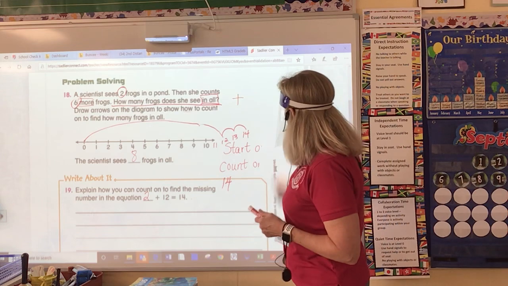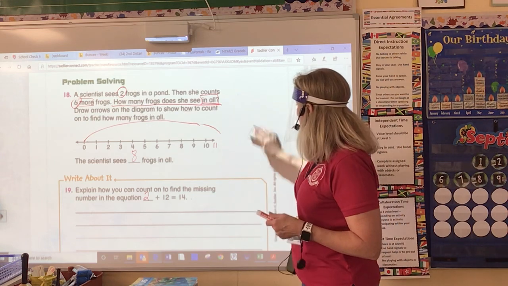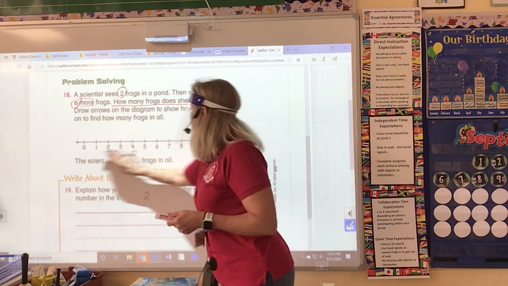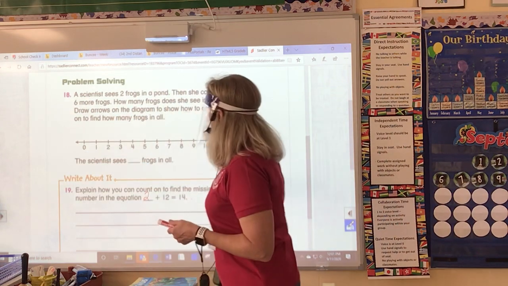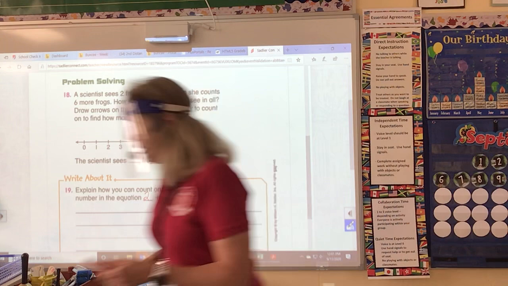All right, and then I want to show you one more word problem because it's a little tricky. So let me see if I can pull it up real quick.